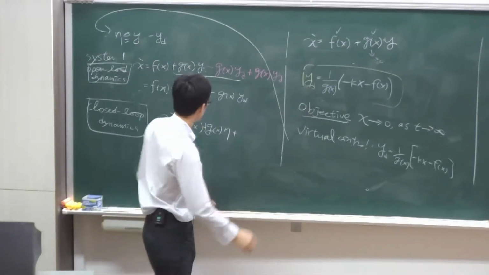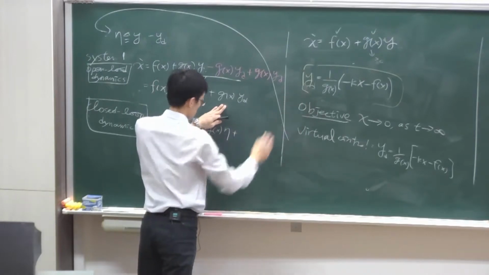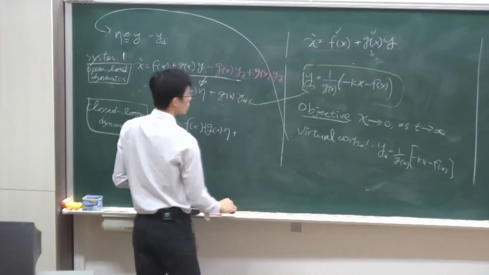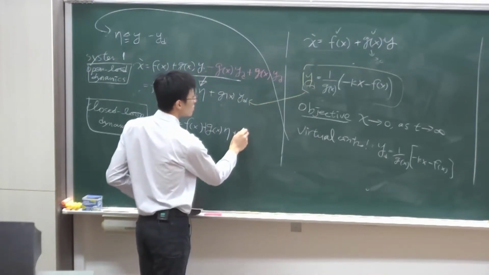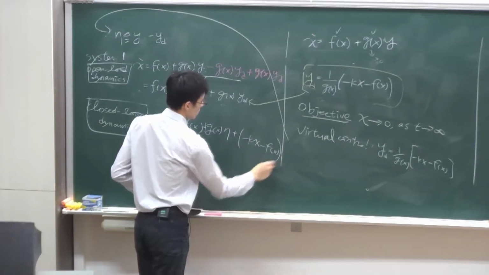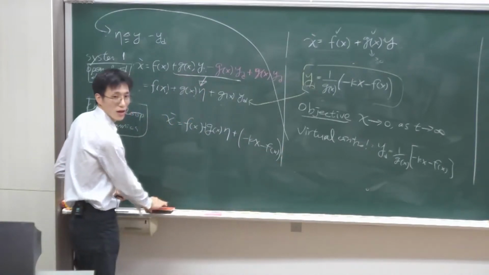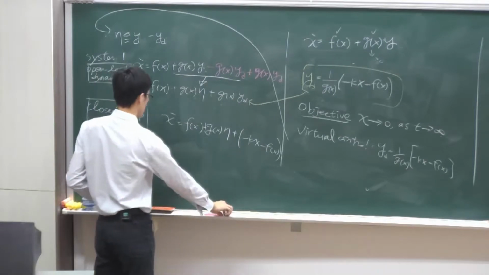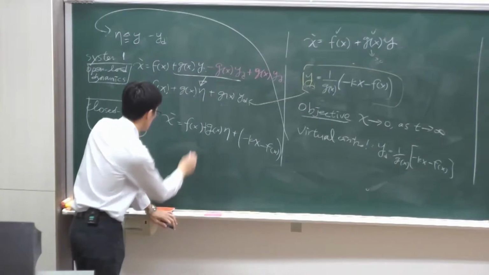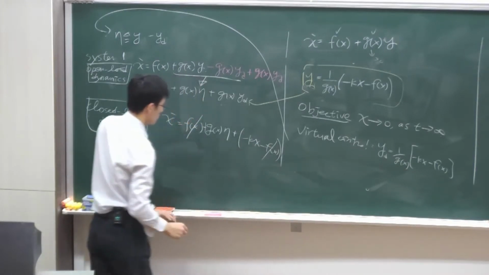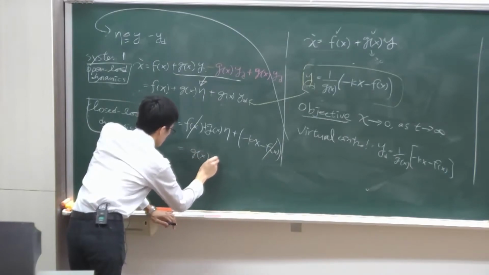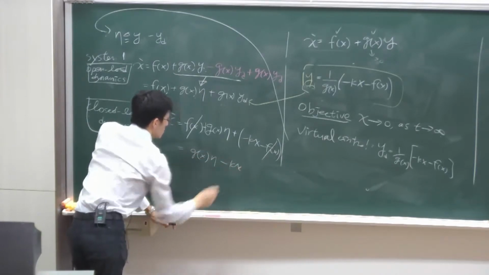We substitute the virtual control into here, and you get minus kx minus fx. So this cancels out, and that gives you g x times eta minus kx.